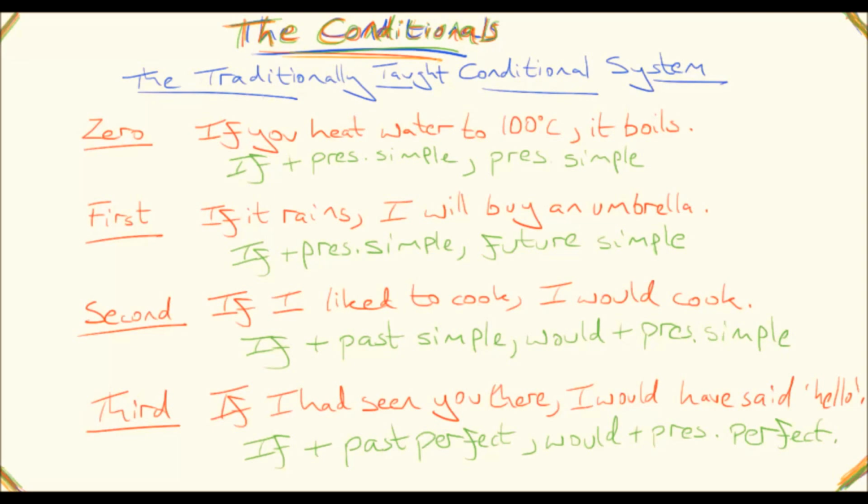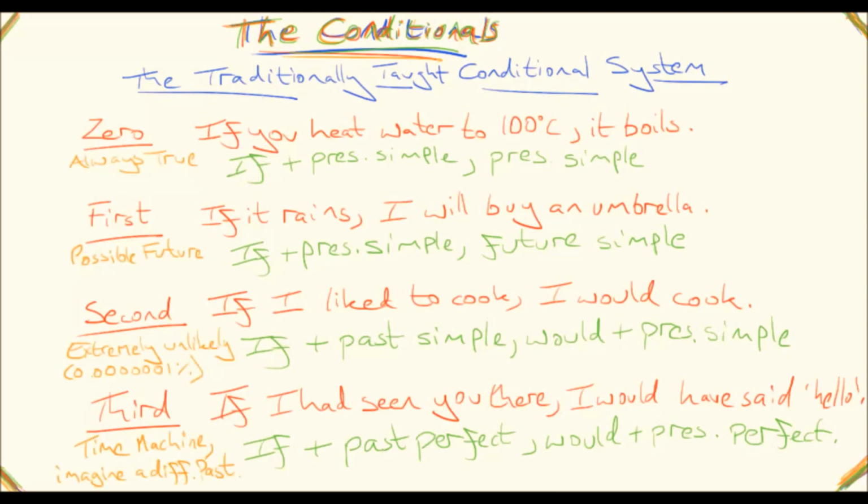Second comes across as if plus past simple, comma, would plus present simple. Third would be if plus past perfect, comma, would plus present perfect. I'm sure you've all seen that kind of thing before. And you probably learnt many of the conditionals just based on that, and had a hard time putting that into your brain.